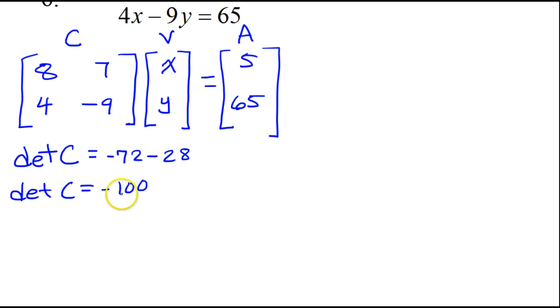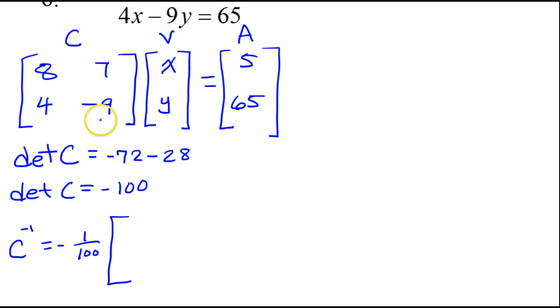We can use that to find the inverse of matrix C, which is what we're going to need in a minute. The inverse of matrix C starts with the reciprocal of the determinant. So I'm going to put -1/100, the reciprocal of this.